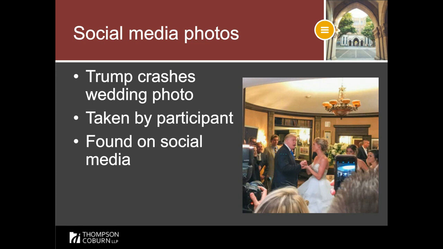And some people there snapped iPhone photographs of him in the middle of the wedding reception, and that's one of them. This particular photographer only sent his photograph to two friends, or maybe one of them is a former friend. Somehow they ended up on social media. No one confessed how it got there.